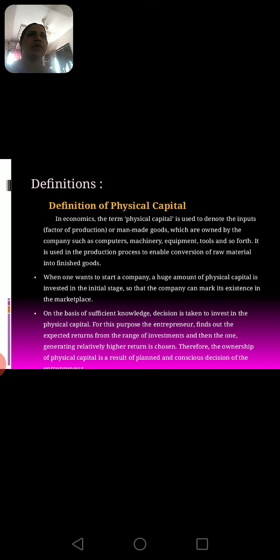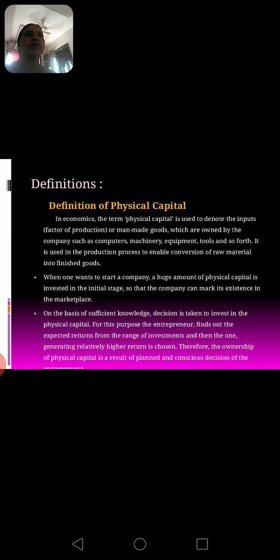These inputs are man-made goods which are owned by the company, such as computers, machinery, equipment, tools, and so forth. It is used in the production process to enable conversion of raw material into final goods. This is the meaning of fiscal capital as per economics.